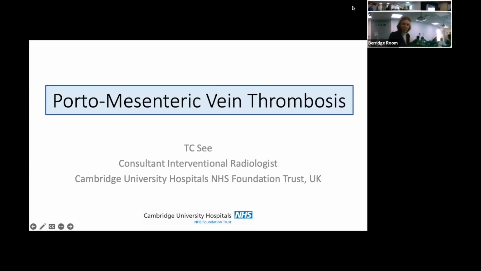So in this crowded room, I spot an interventional radiologist who fortunately is not only an expert in interventional radiology, but also in delivering educational lectures. So we're absolutely delighted that TC is with us today.